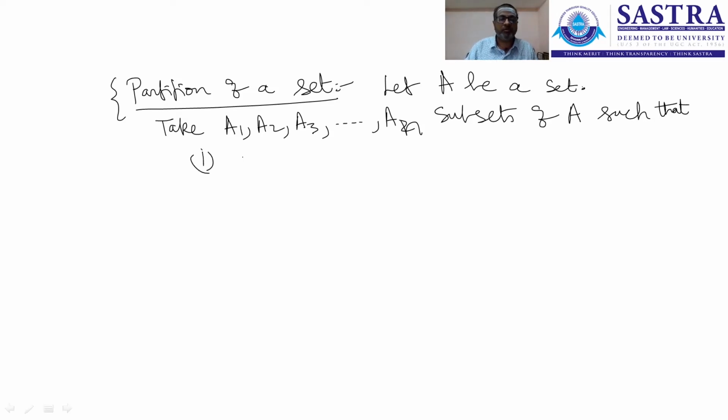Number 1, the union of AI, I equal to 1 to N, is A. The second one, AI intersection AJ is empty. This will be the definition.